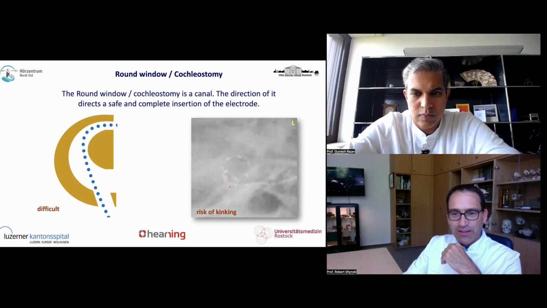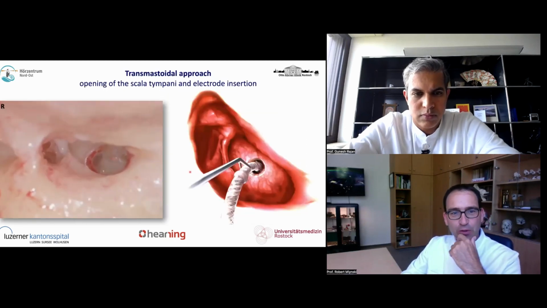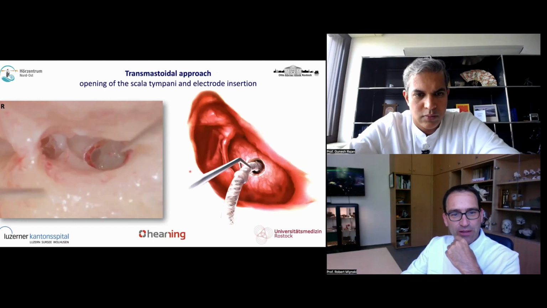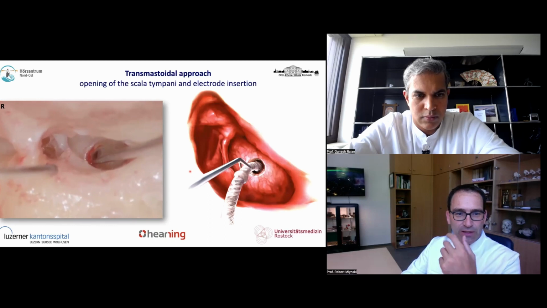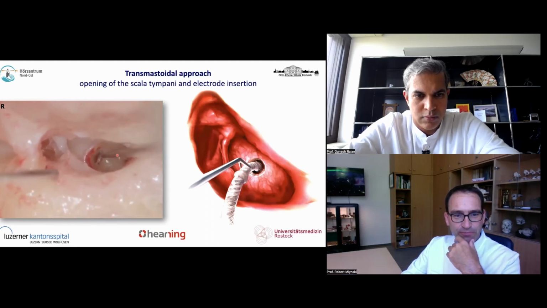So let's see how we open the round window membrane. We do it under a fluid seal of balanced salt solution and a small 45-degree hook. So we now see the scala tympani, and here the hook region.